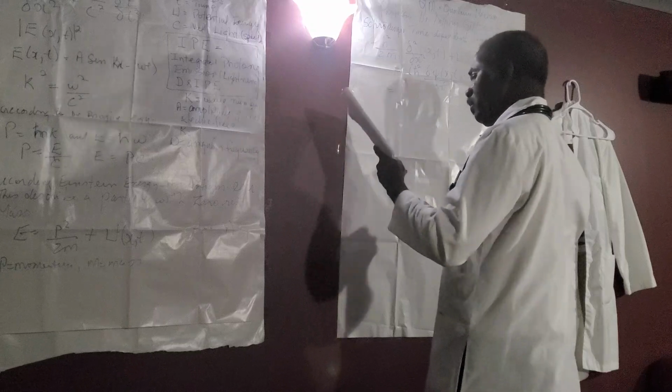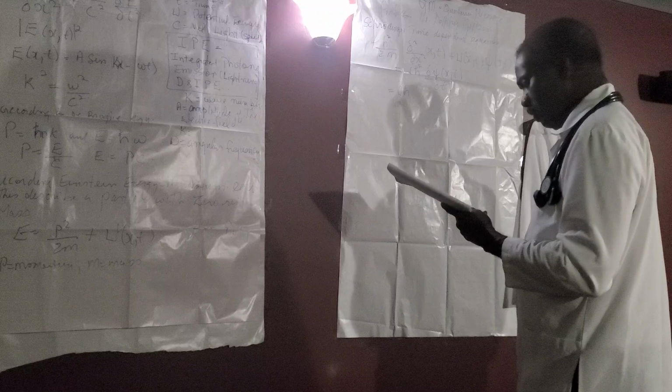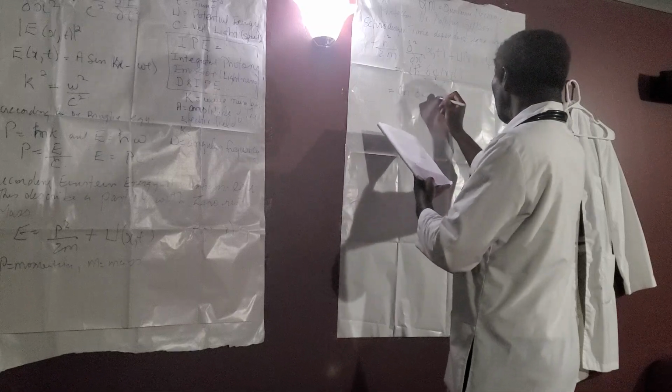And this is equal now to... i is usually the square root of minus 1 here, so that we're going into some complex function here. Partial psi of x and t by partial t.